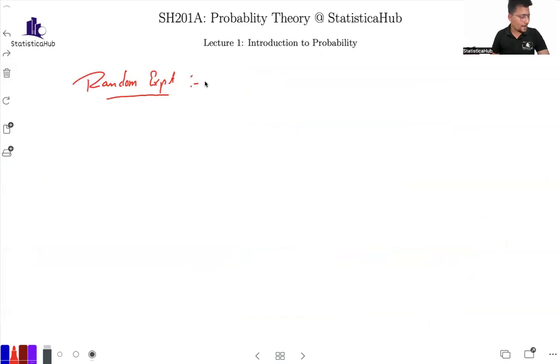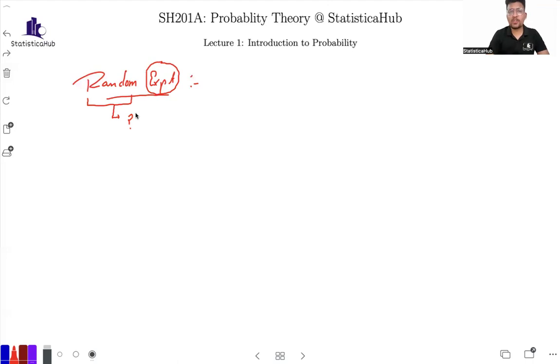Just assume that I'm having some coin, hypothetically. If I throw the coin in the air, that is some experiment, throwing the coin in the air. What about this randomness? That is the important point over here. You have to understand what is the meaning of randomness.